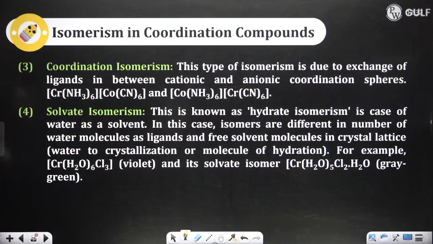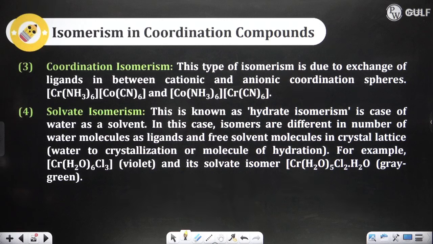Now, talking about solvate isomerism, this is known as hydrate isomerism in case of water as a solvent. Why? Because whenever water is dissolved in free solvent that has a lot of water molecules, the water molecule will interact with the solvent molecules.